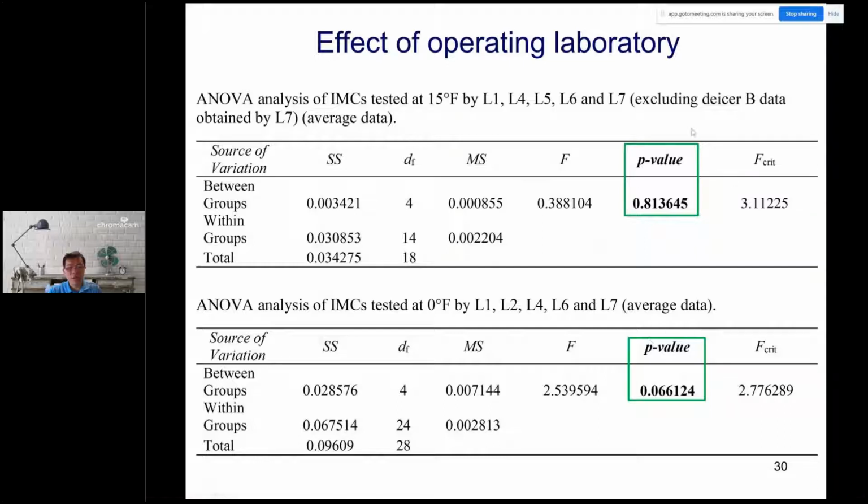At 15 degrees Fahrenheit, the p-value is significantly greater than 0.05. In other words, there's no statistical difference between different labs. When you look at 0 degrees for calcium and magnesium chloride deicers, the p-value is 0.066, so greater than 0.05, but still somewhat sensitive.